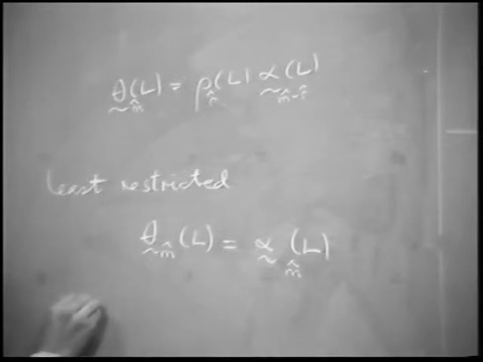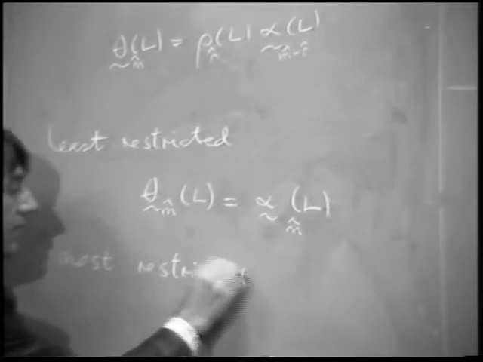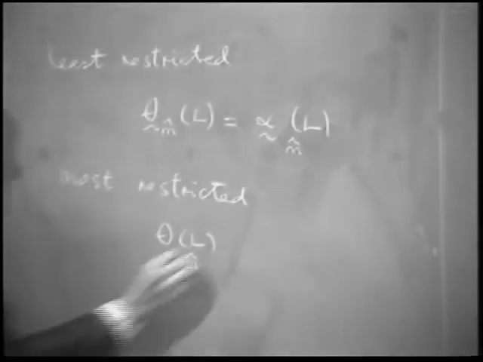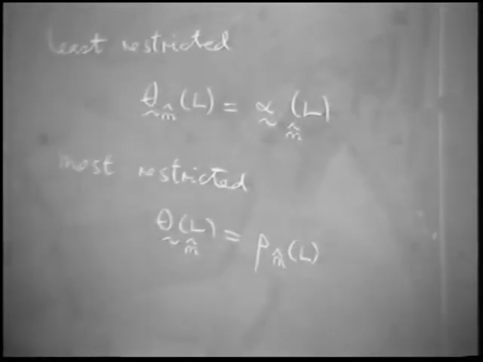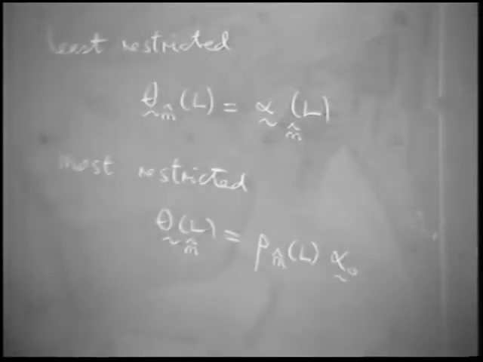The most restricted would be that theta of L of order m hat is equal to R of L of order m hat into alpha 0.